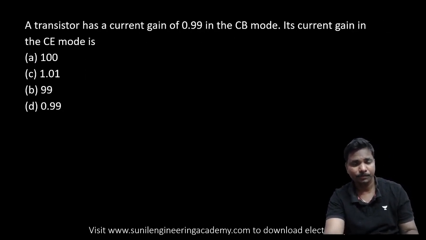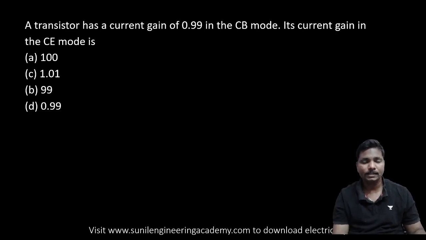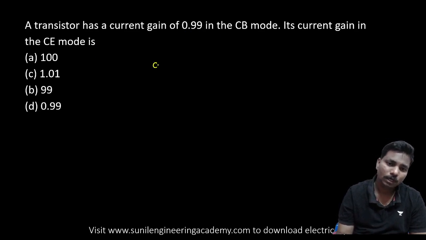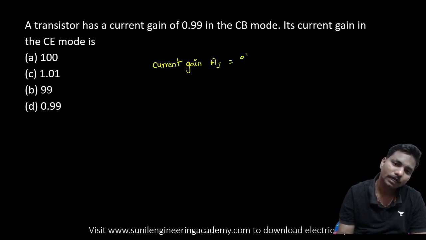Coming to the next one. A transistor has a current gain 0.99 in the common base mode. Its current gain in the common emitter mode? Current gain in the sense output current by input current, correct?